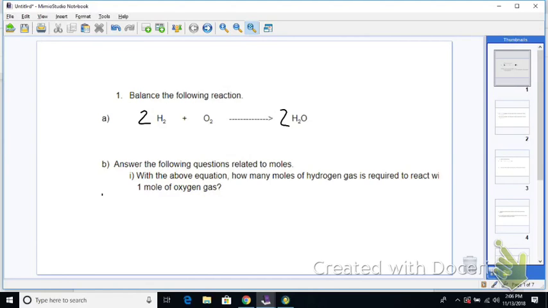So on this one, I think most of you could answer this without doing any type of setup. On B it says, with the above equation, how many moles of hydrogen is required to react with 1 mole of oxygen?